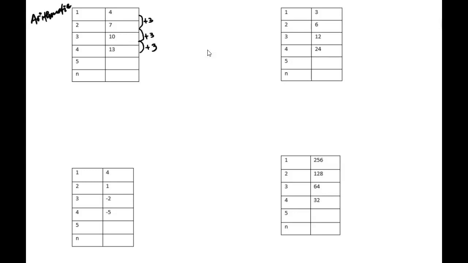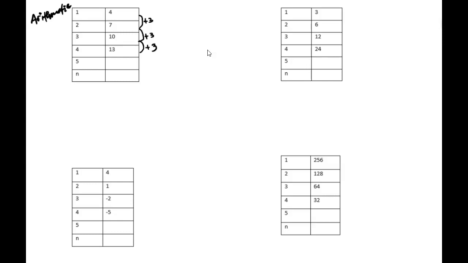Now let's go ahead and write out the recursive formula of that sequence. The difference between the recursive and the explicit formula: the recursive formula allows you to find the next term of that sequence. It doesn't matter if it's arithmetic or geometric.